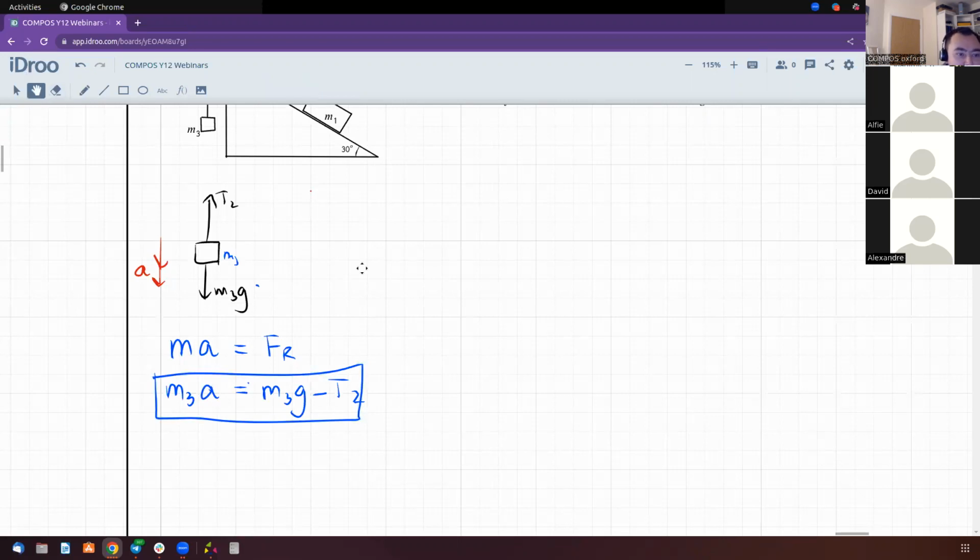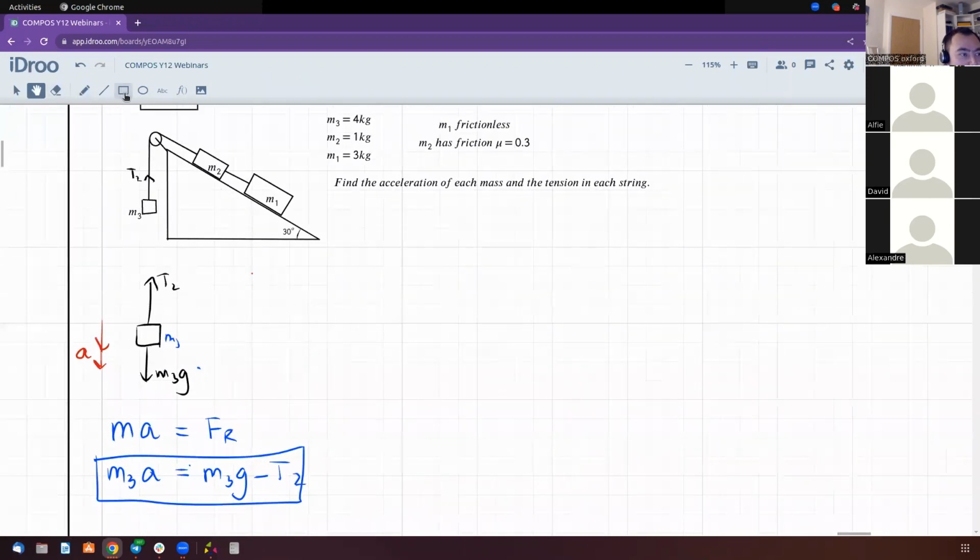Okay, now we go on to the second one. So we take M2. The forces: there's tension T1, there's tension T2, there is the weight, then there's the normal reaction, and there is friction on M2.